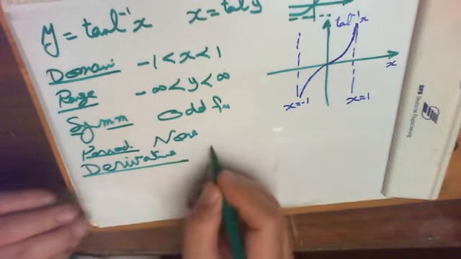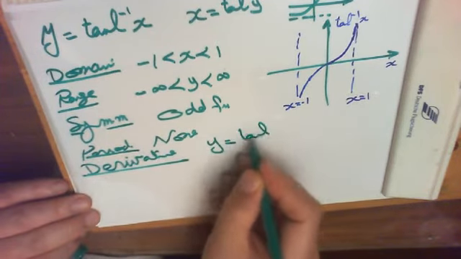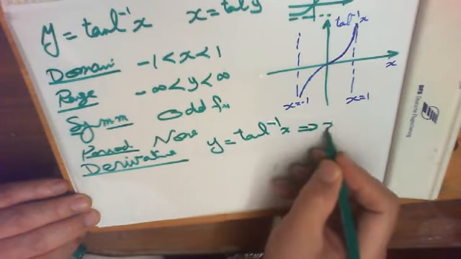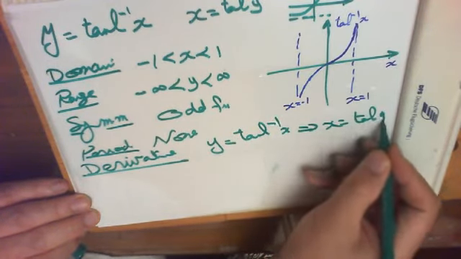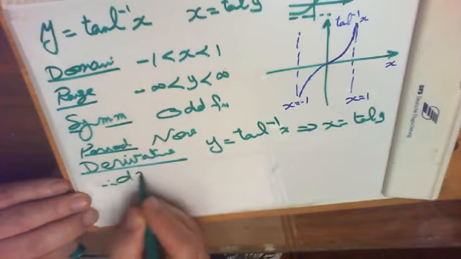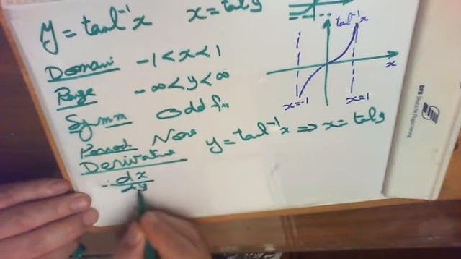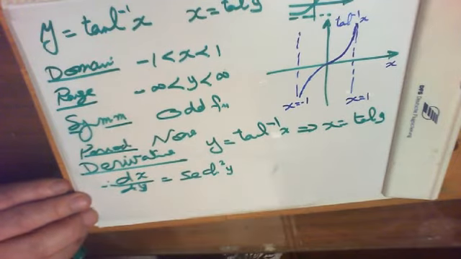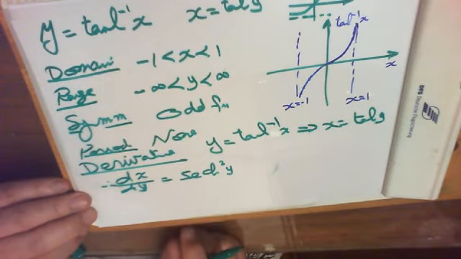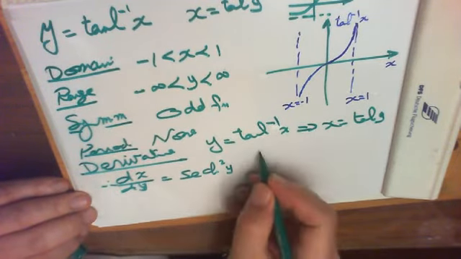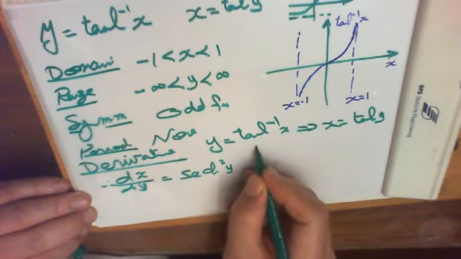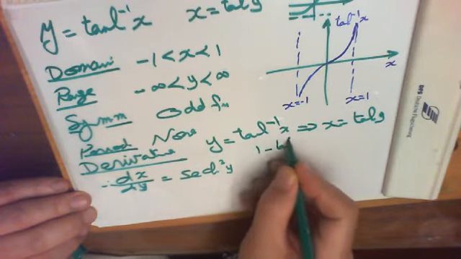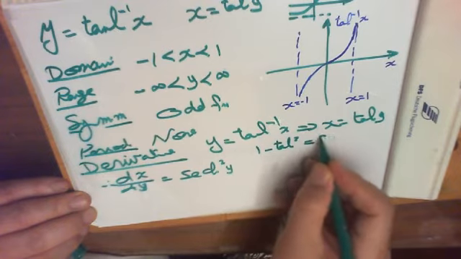y equals tanh minus 1 x. This means x equals tanh y. So dx by dy equals sech squared y. The golden rule, the rule for which we know that 1 minus tanh squared equals sech squared.